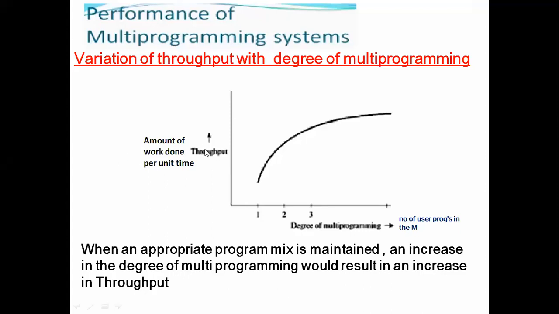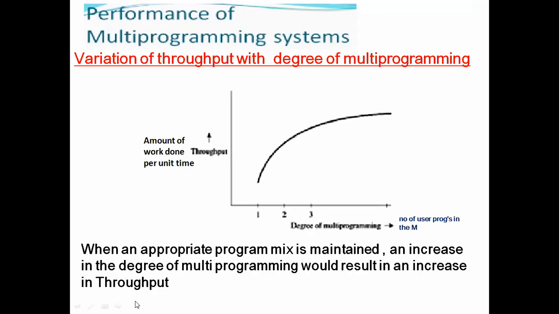Under the heading of the performance of a multi-programming system, suppose I'm able to maintain an appreciable program mix. The word program mix indicates the mixing of IO bound programs and CPU bound programs. Whatever programs we have inside the memory for execution by the CPU must have a mix of IO bound programs as well as CPU bound programs.